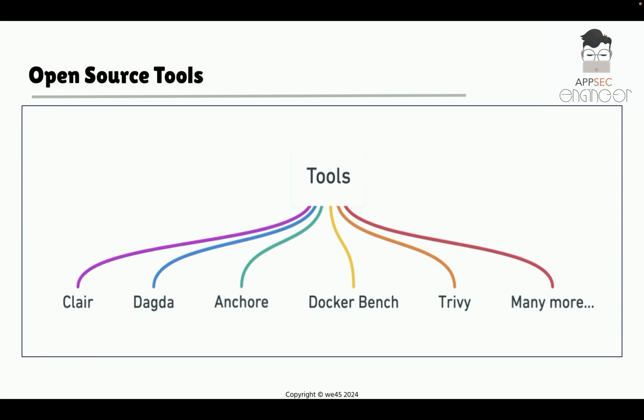These tools also provide remediation recommendations, and sometimes these recommendations are to update your packages or libraries. Other times they can be a lot more detailed and help you fix all of these issues as well. Finally, they do provide vulnerability reports.